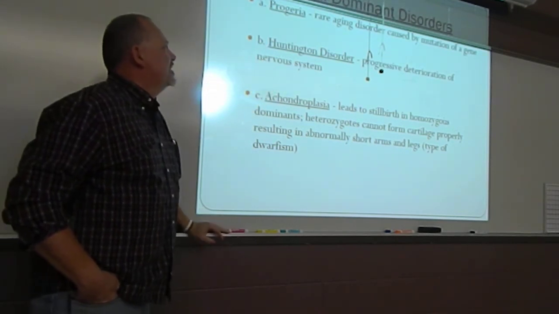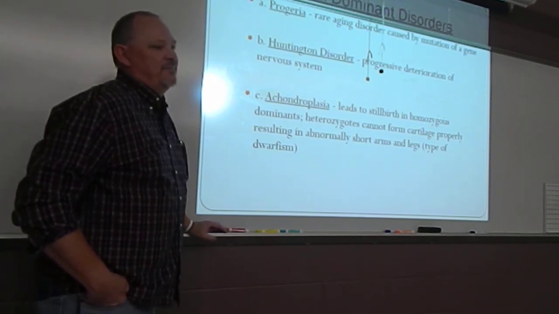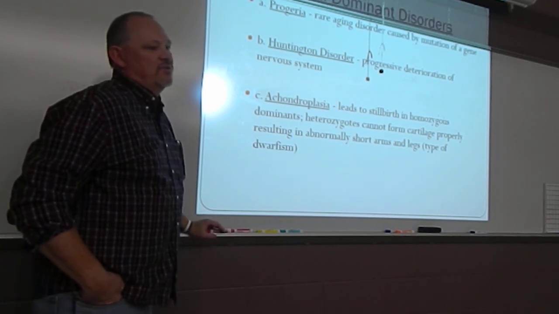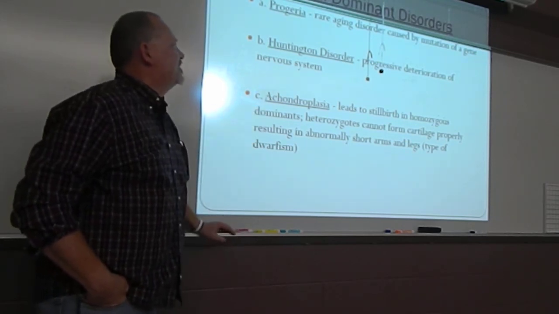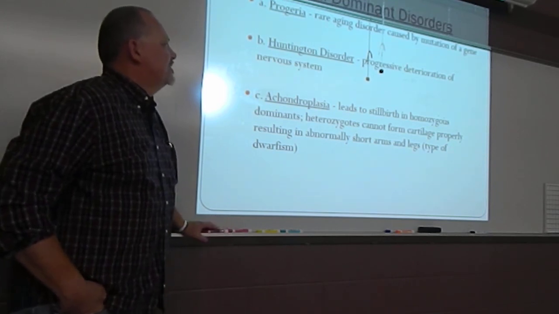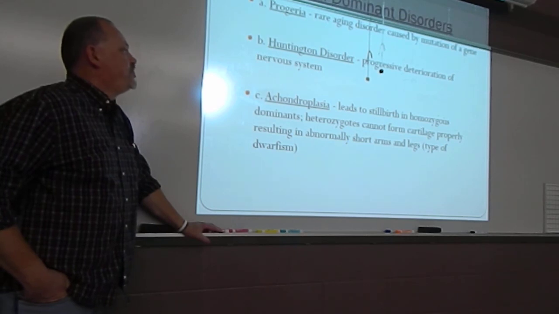Huntington's disease, it's a deterioration of the nervous tissue, all right? Those individuals usually don't live too much past maturity. It's a progressive disorder, so it cuts lifespan way down.